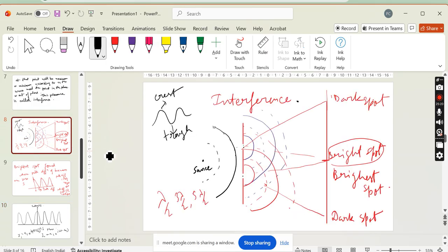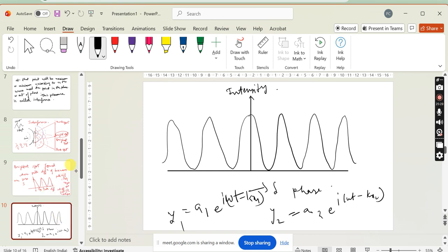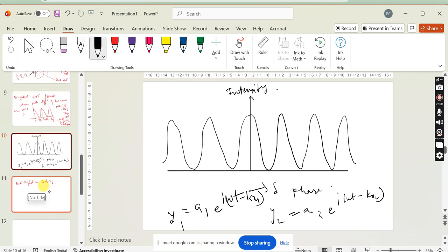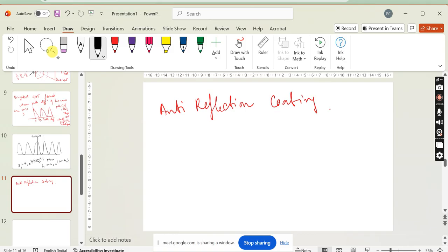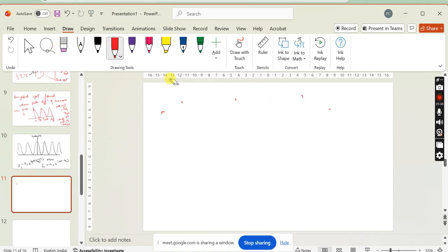Because in these circumstances, y2 is a disturbance and their amplitudes are A1, A2. Then the disturbance varies on the screen.